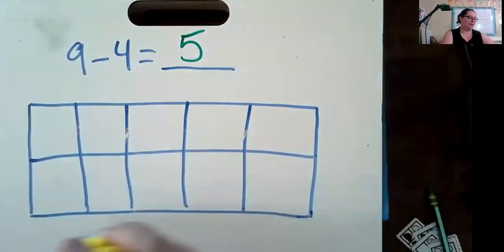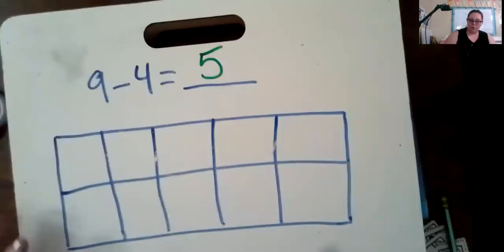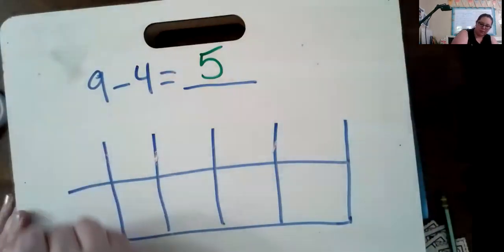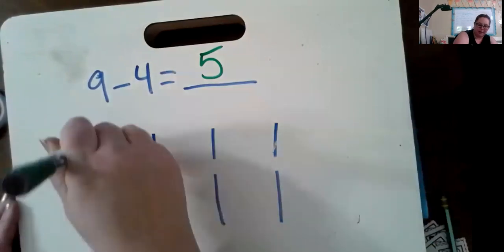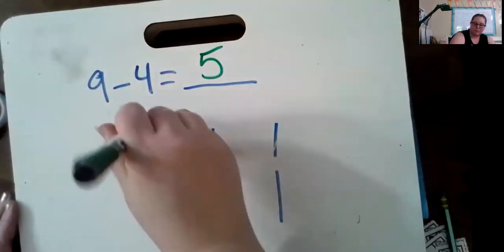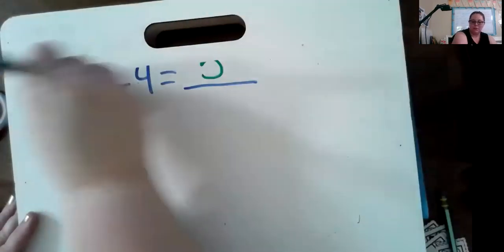All right, and then I do want to do one more subtraction sentence with you to refresh your memory on the number lines. And we'll fill in a number bond as well, so that you get a little refresher, because those are not going away anytime soon.